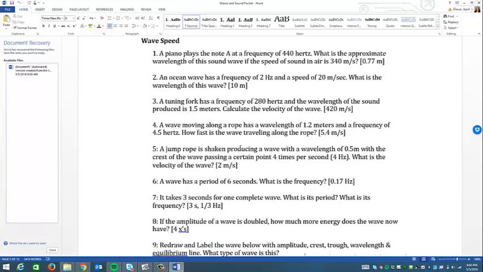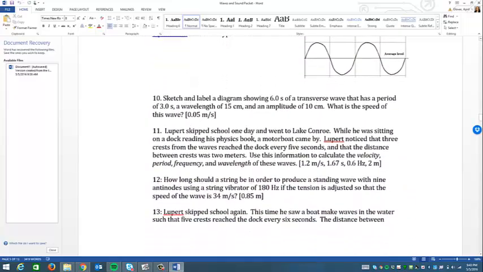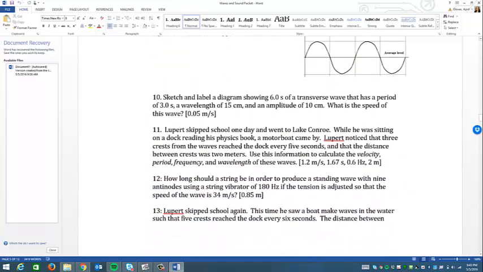Make sure you use the guess equation method. And then like on number 10, again, they're telling you the period. So make sure you find the frequency from that first. So that's a 2-step problem. That amplitude is irrelevant, so don't let that trip you up. The amplitude is just so that way you can graph it.